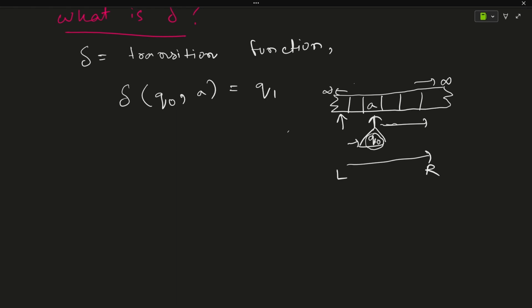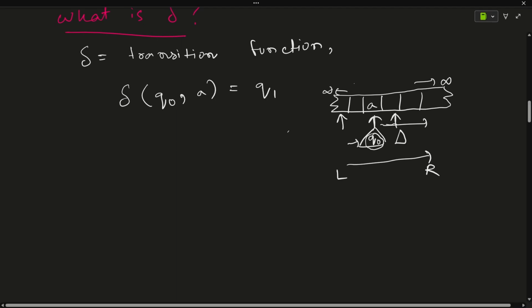It stores the current state of the FA. On reading A from the cell, in Q naught, the current state changes to Q1. Okay, and it goes to Q1. This might be B.